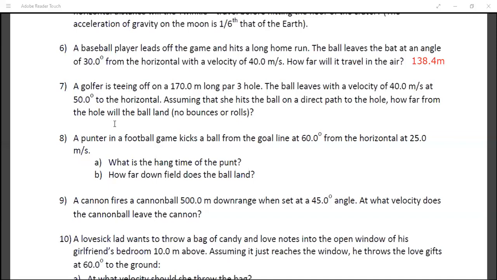Yes, Swayam. Closer answer 138.4 even works. Aditya, which question are you talking about? Sine 50 value 0.77. Those who need the sine 50 value 0.77, that will be given to you in the exam.